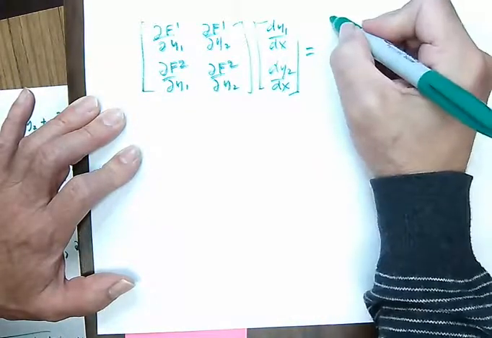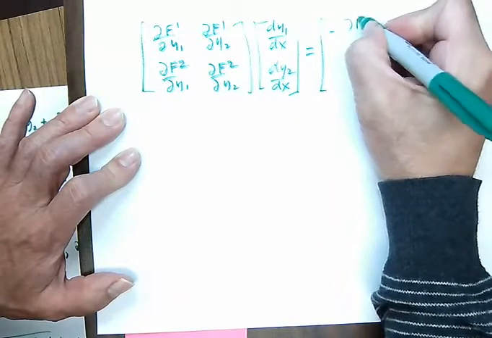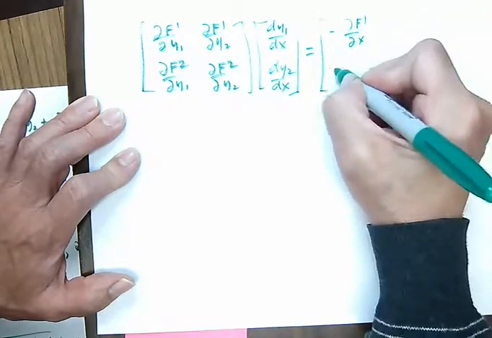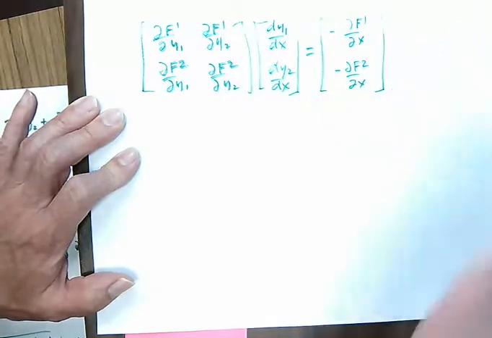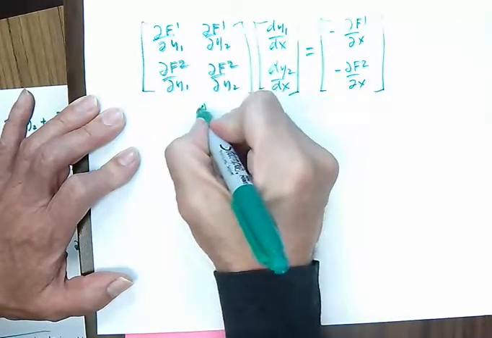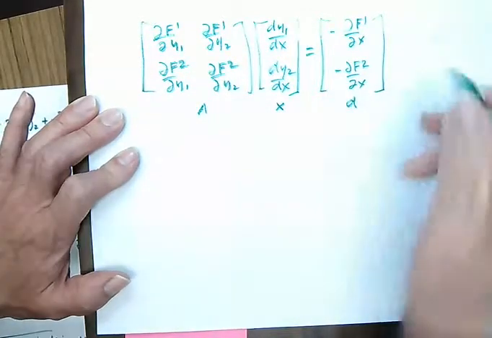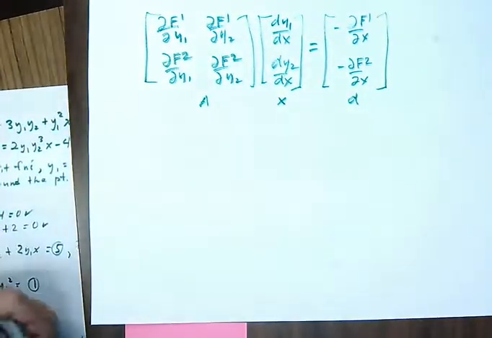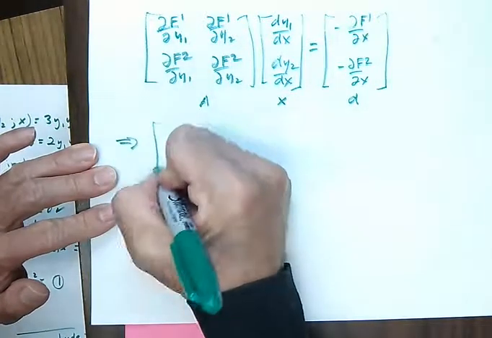And in our D matrix of constant terms, we have minus partial f1 partial x and minus partial f2 partial x. So again, we can think of this as our A coefficient matrix, our X variable matrix, and our D matrix of constant terms. And let's just fill in those elements. This implies the following result.